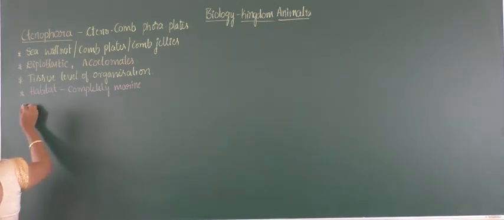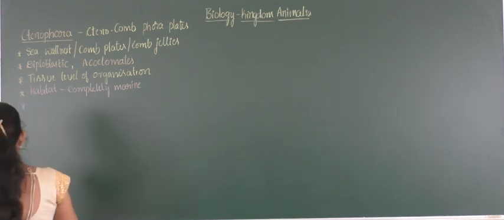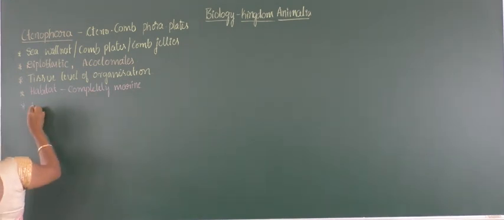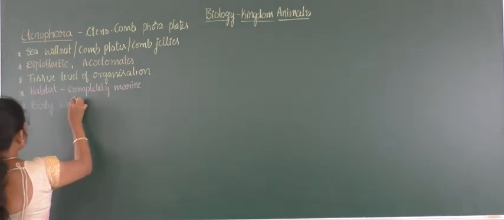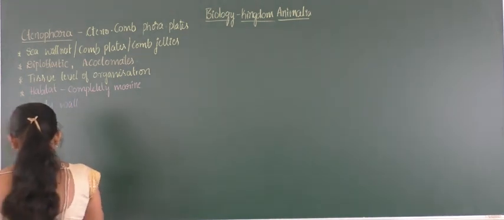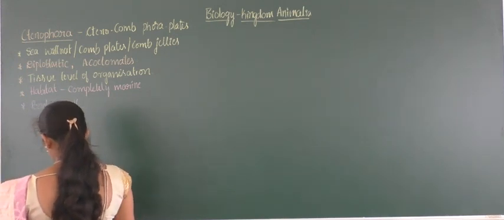Next, coming to the body wall structure, their body wall is made up of an outer and an inner layer.